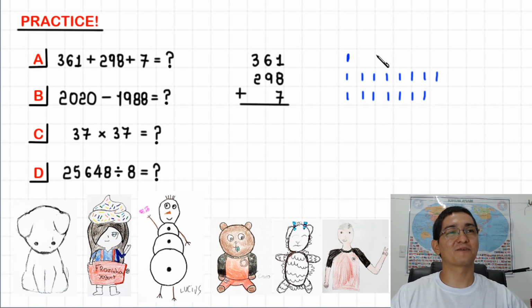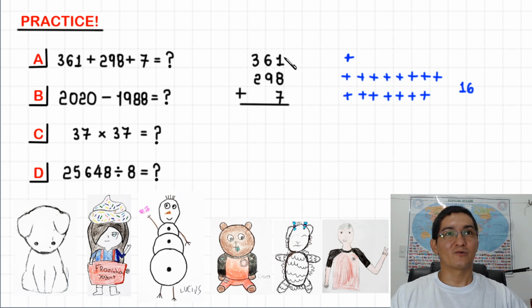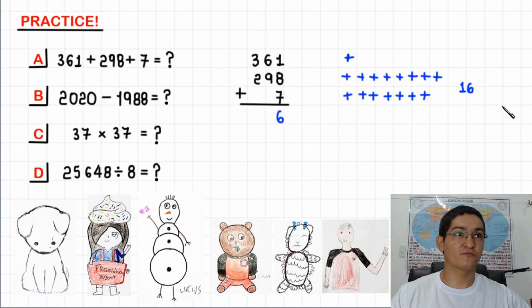Now let's count them all. 1, 2, 3, 4, 5, 6, 7, 8, 9, 10, 11, 12, 13, 14, 15, 16. We can now say that 1 plus 8 plus 7 equals 16. I write 6 here, and the 1 from 16 goes up here.